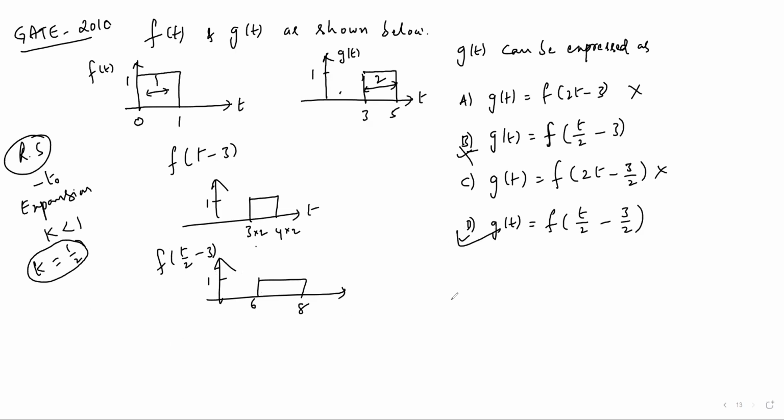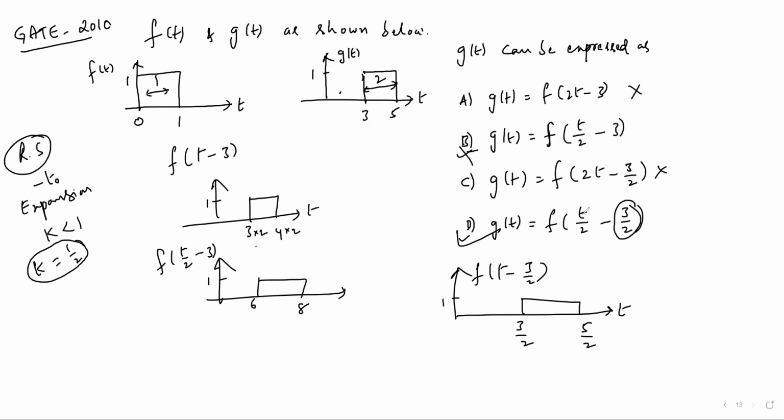I'll plot it. F of t, here shifting constant 3 by 2, right shift. So the signal, it is 3 by 2. 3 by 2 plus 1 is 5 by 2. This is the signal f of t minus 3 by 2.